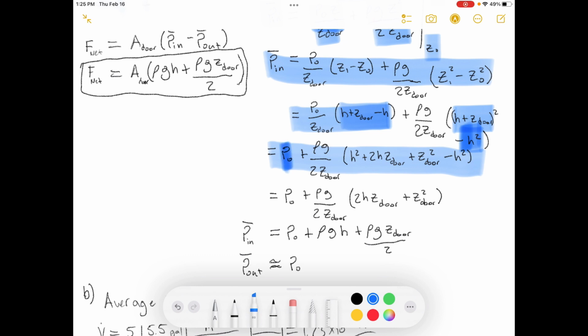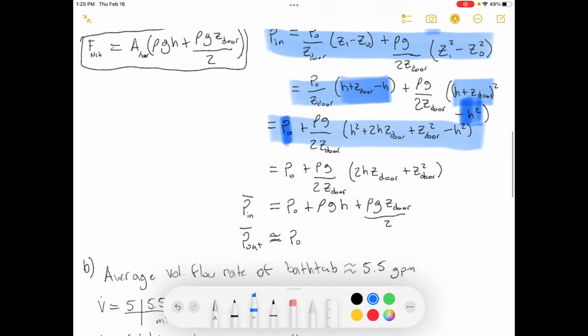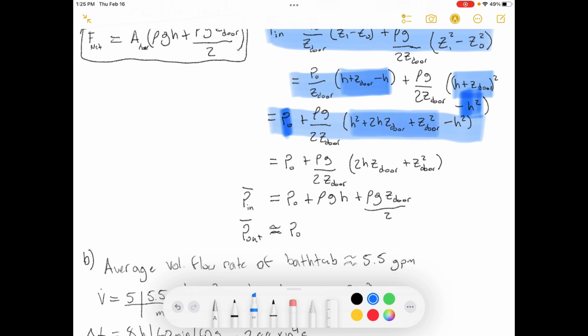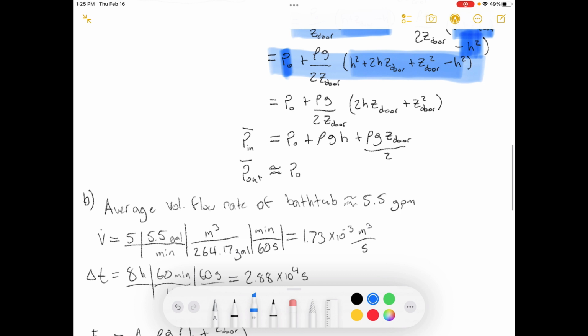So it ends up, you know, our reference pressure, all those little z's and z doors end up canceling out, and h's cancel out. But here we actually have a couple of terms left over. So we expand our squared terms here, and some of the h's cancel out and some of the z doors cancel out, but we're still left with an extra term here, and it ends up canceling out to the point where we have our reference pressure, we have the term that they were talking about, which is the density of the water times gravity times h.